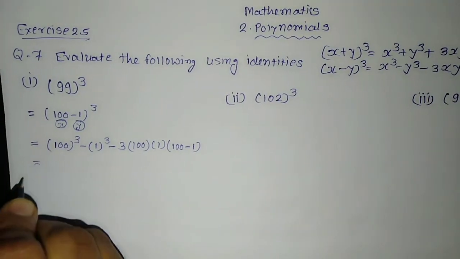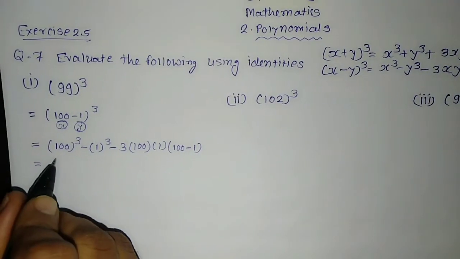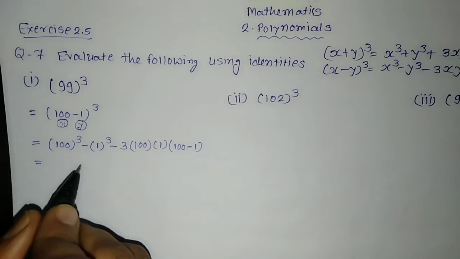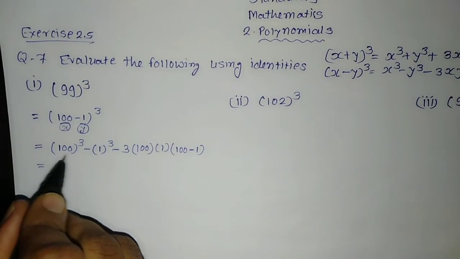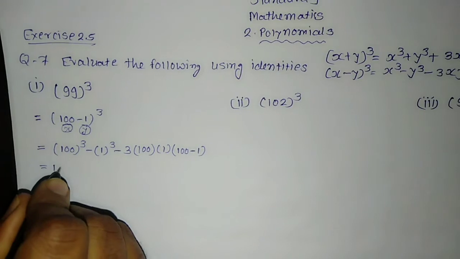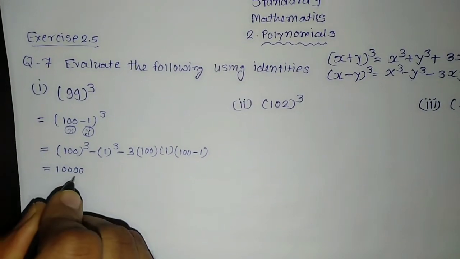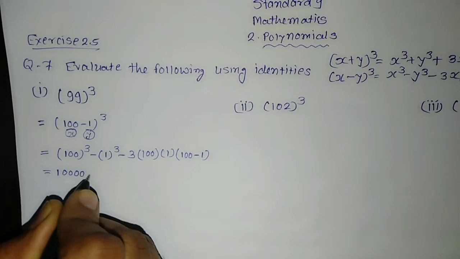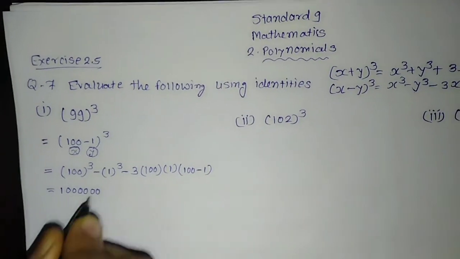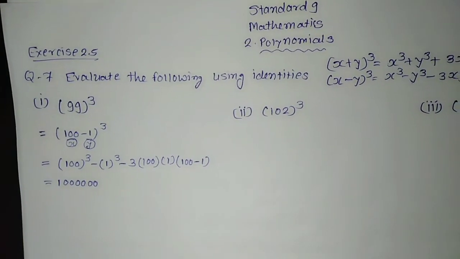Now 100 cube. What is the meaning of cube? You have to multiply 100 into 100 into 100, so 2 zeros will come each time, that is 1 followed by 2 zeros, multiply by one more 100, it is 2 more zeros, again one more 100, 2 more zeros.